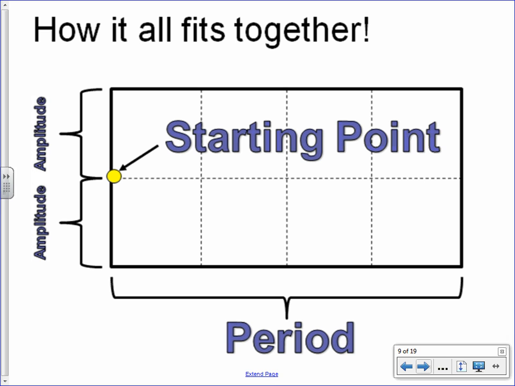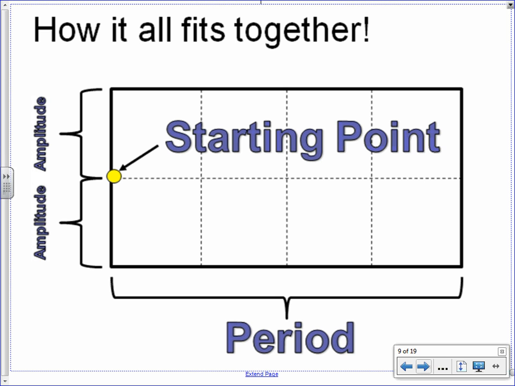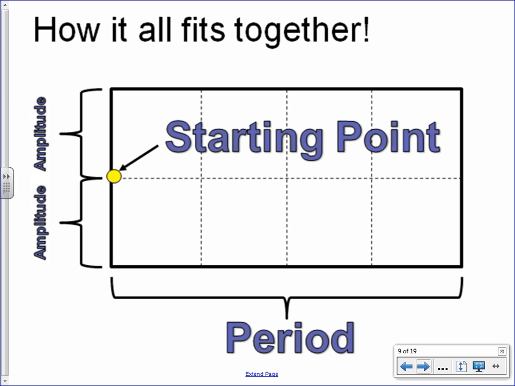So for our frame, the period will be how long we make our frame from our starting point. So you're going to graph your starting point, draw the amplitude up and down from it, draw your period, the length of your frame. Now we have 5 important points.